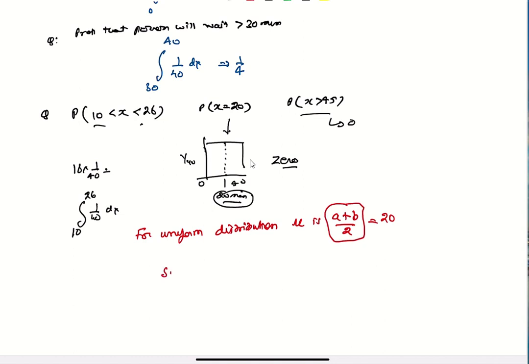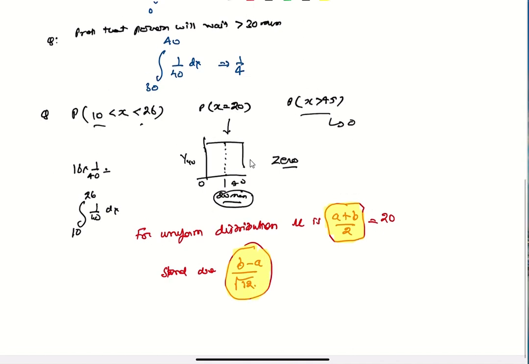And what is the standard deviation? Standard deviation is going to be b minus a upon under root 12. So that is the mean value, and this is the formula for the standard deviation of the uniform distribution.